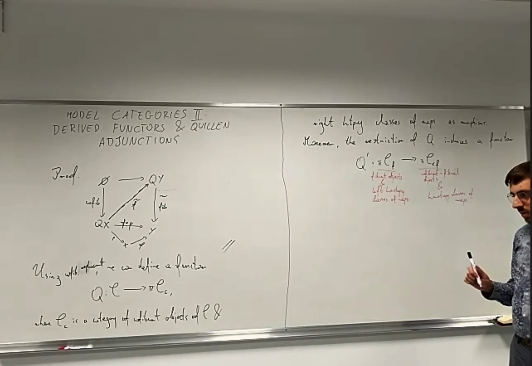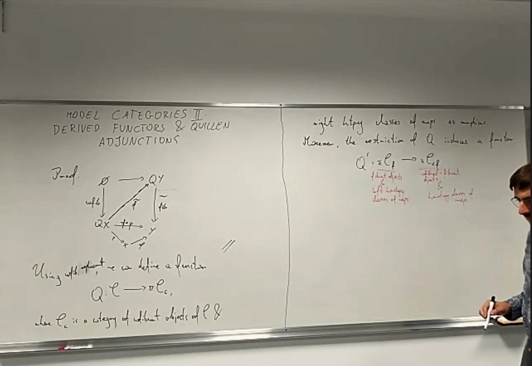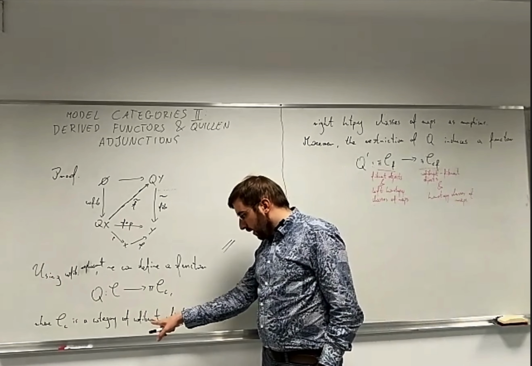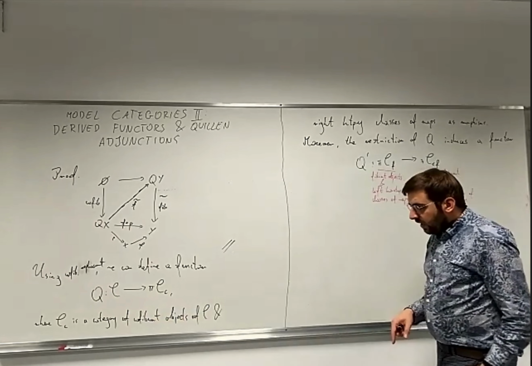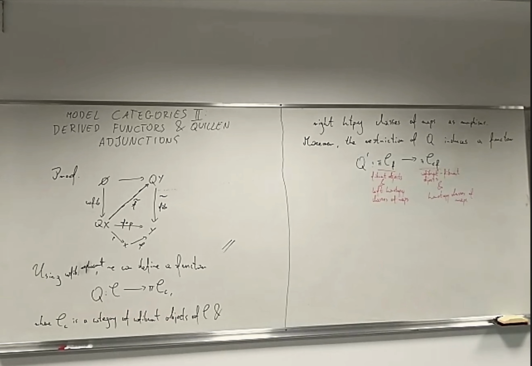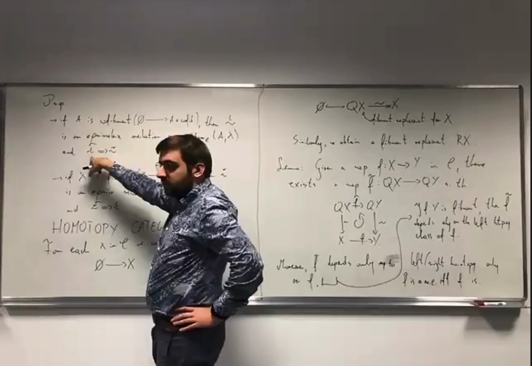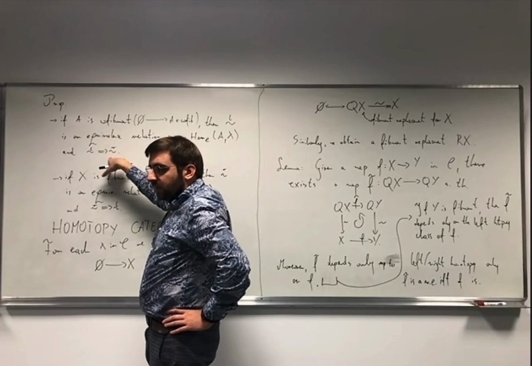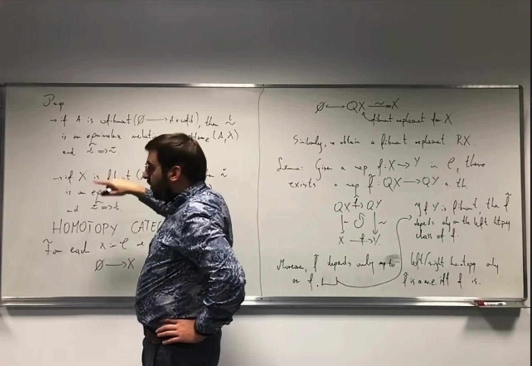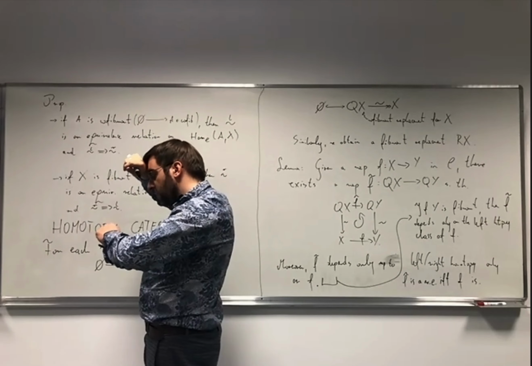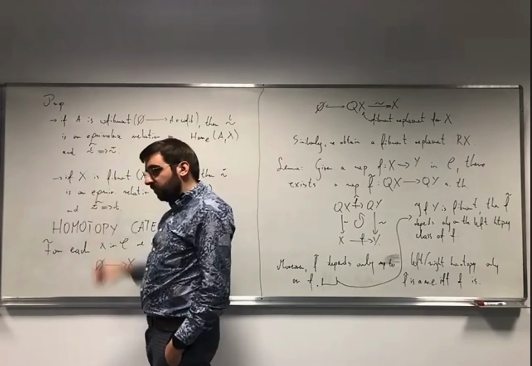No, so this is correct. I was also wondering about it, and as usual, I don't have a good answer for this. But we are supposed to take a category of cofibrant objects and right homotopy classes. Maybe the reason is that if you take left homotopy classes of maps, then there will be right homotopy classes of maps, but a priori you might have more, morphisms which are right homotopic but not left homotopic.